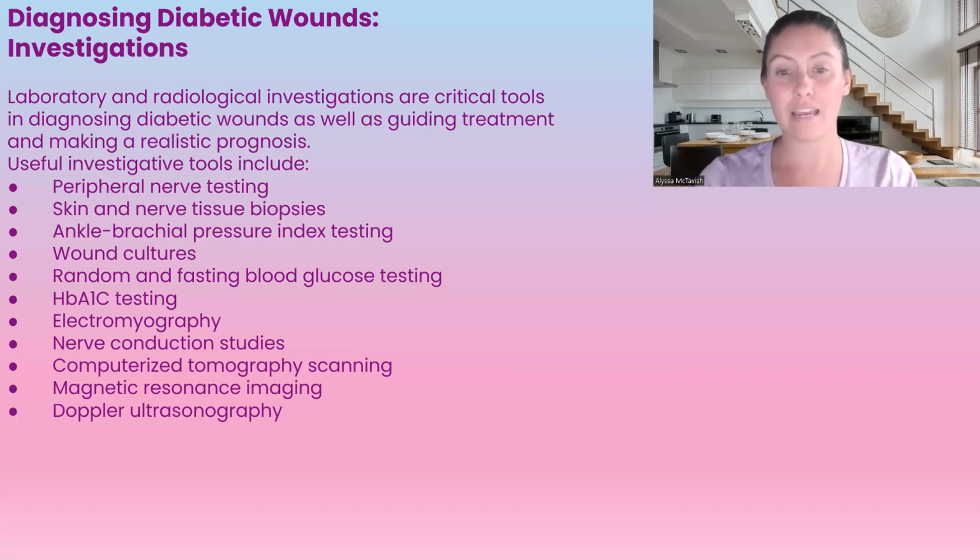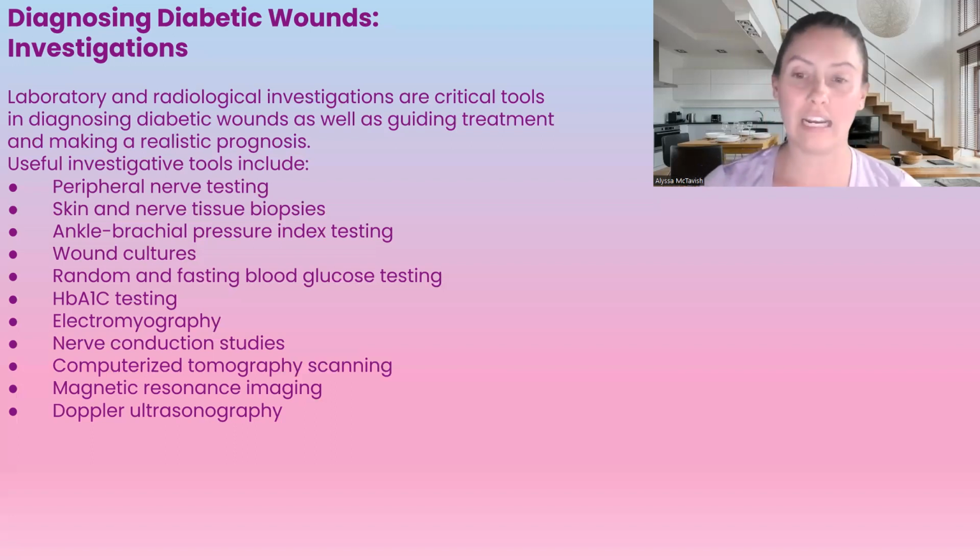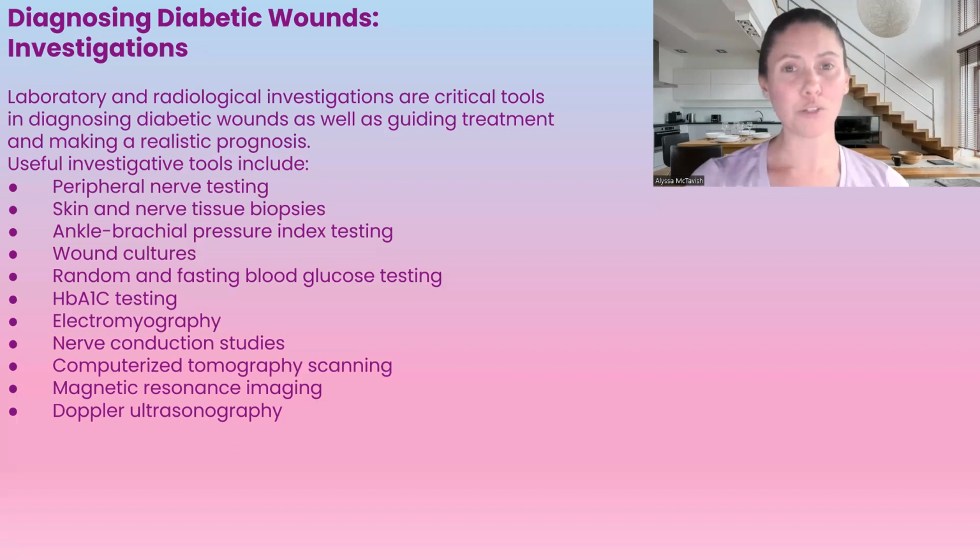And so if we do an ABPI, this will allow us to see if we're actually getting the blood flow to that area. So that's a really, really important test. It's actually really important for anyone who has any type of leg ulcer to have an ABPI done.